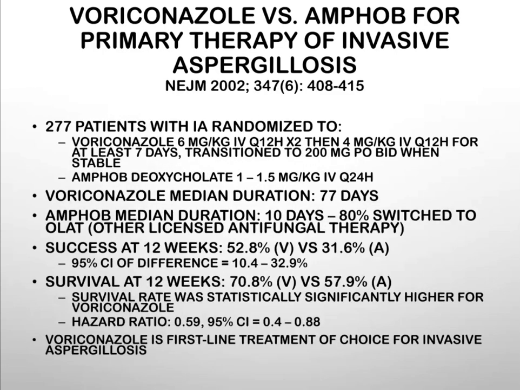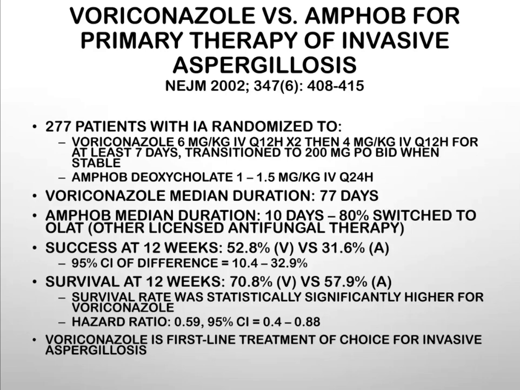So voriconazole is considered to be the drug of choice for the treatment of aspergillosis, or one of the drugs of choice, I would say. But this all came from this study of 277 patients with invasive aspergillosis. This was a randomized controlled trial between voriconazole and conventional amphotericin B. And voriconazole was much better tolerated, as you might imagine.